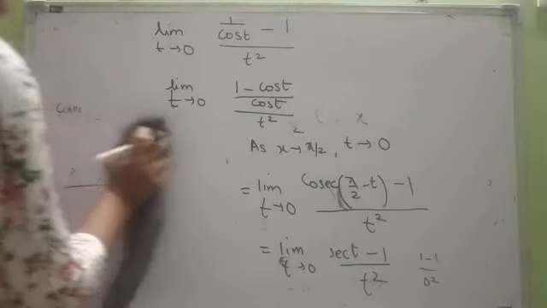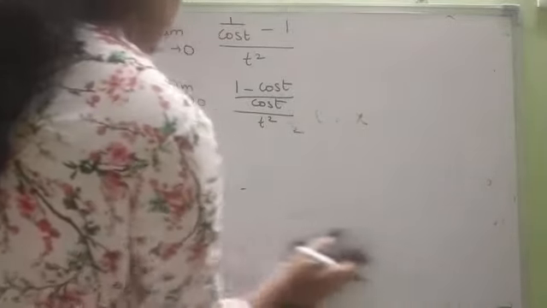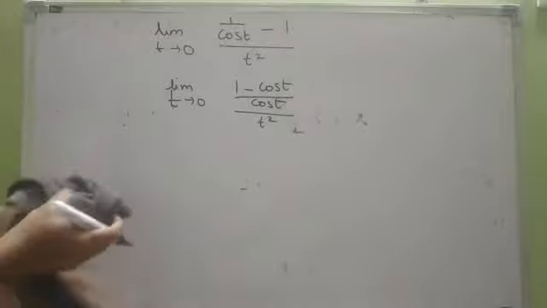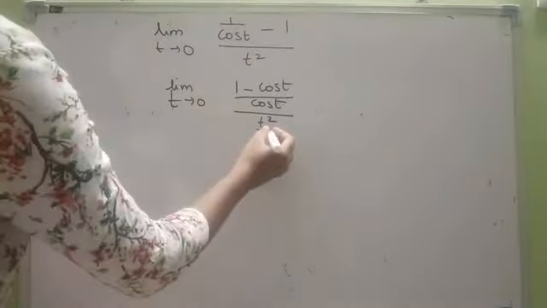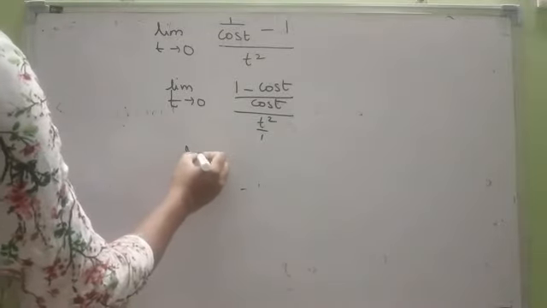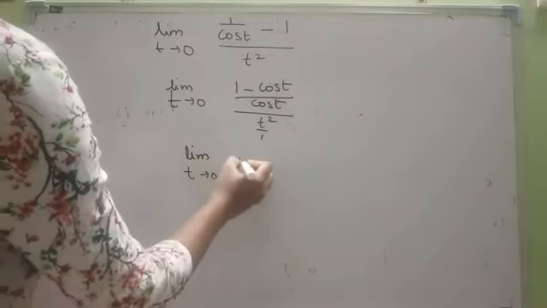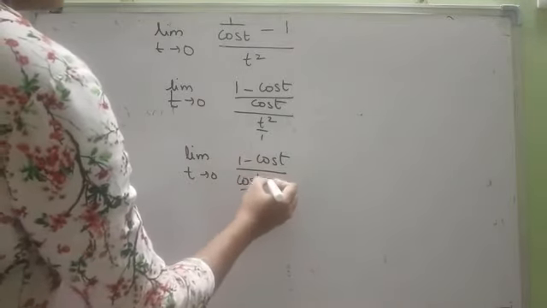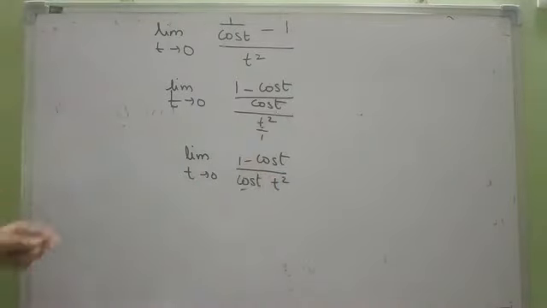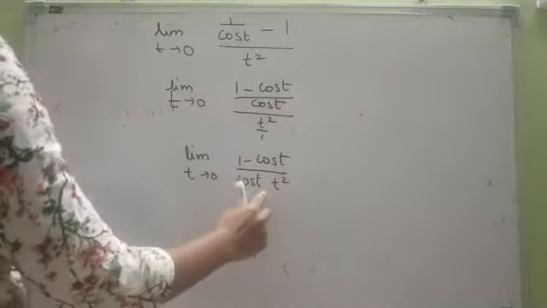Okay, now if you consider this, it will be reversed and it will look like this: 1 minus cos t into 1 upon t square.